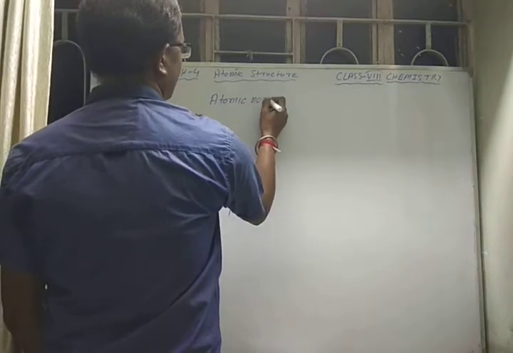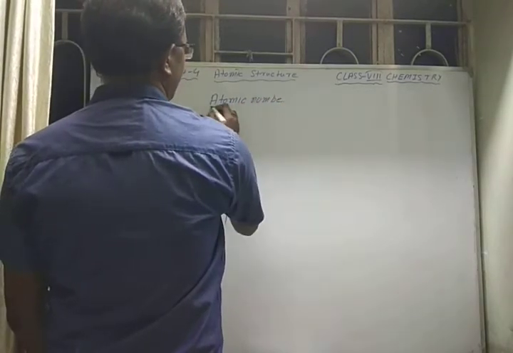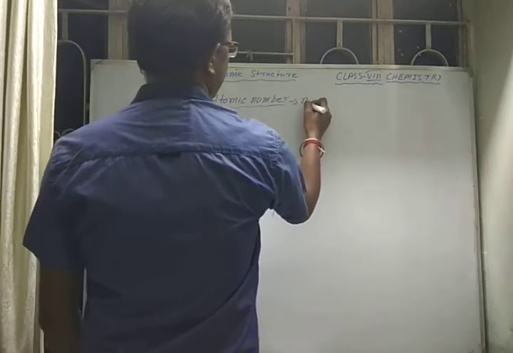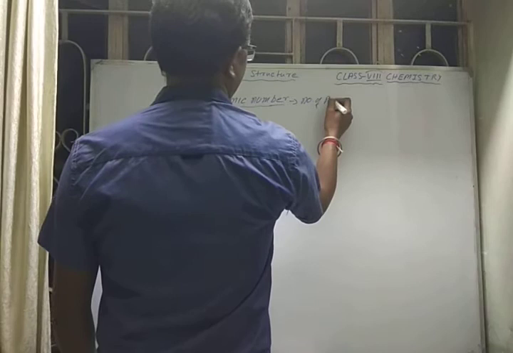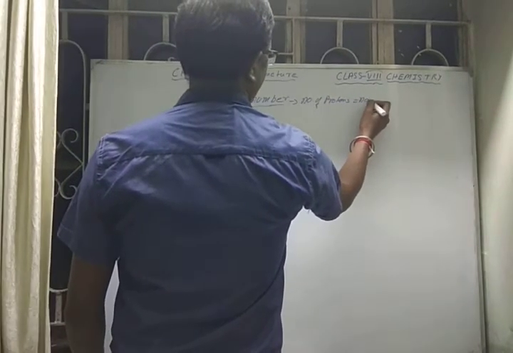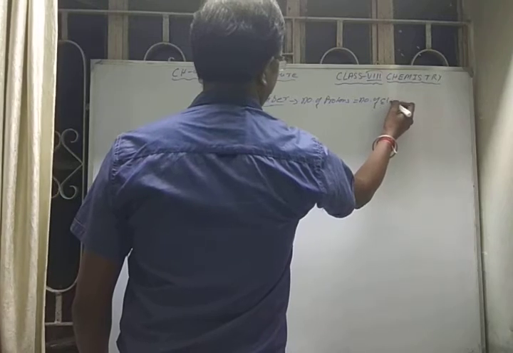Atomic number is equal to the number of protons, which equals the number of electrons.